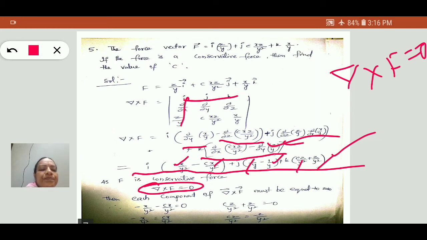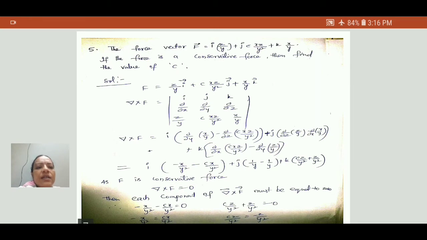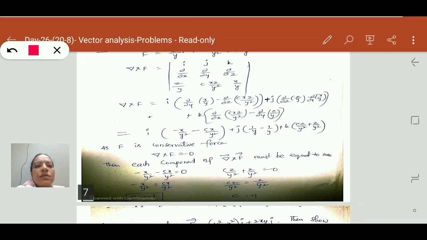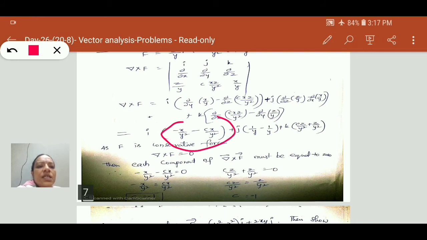Equating the i coefficient to 0: minus x by y square minus c x by y square is equal to 0. If we solve this, minus x by y square is equal to c x by y square. Then x cancels, so c is equal to minus 1.